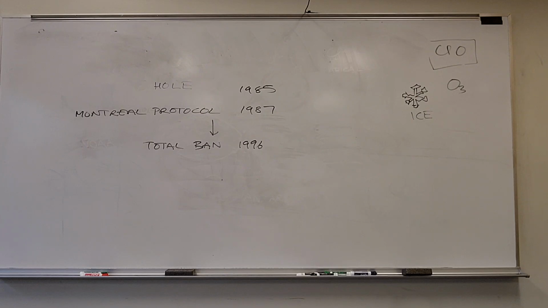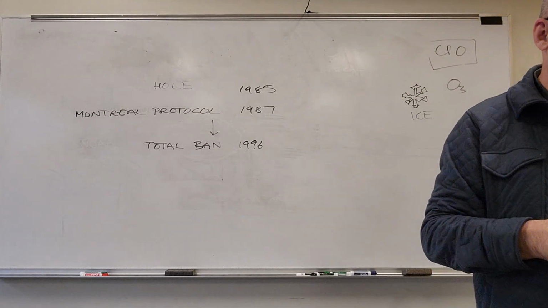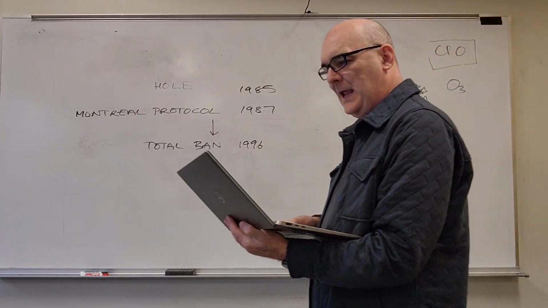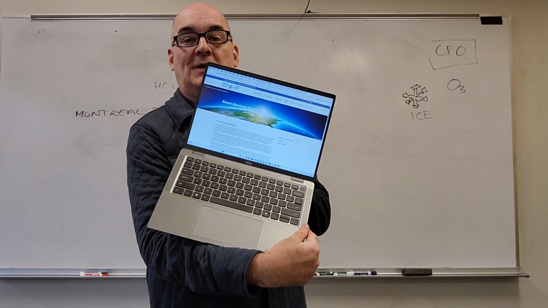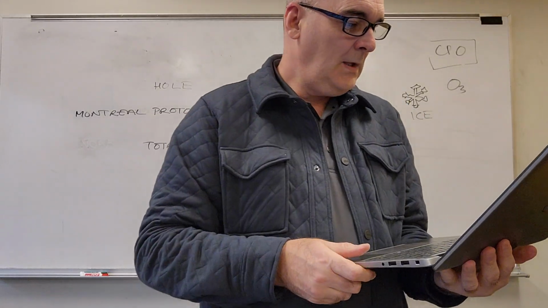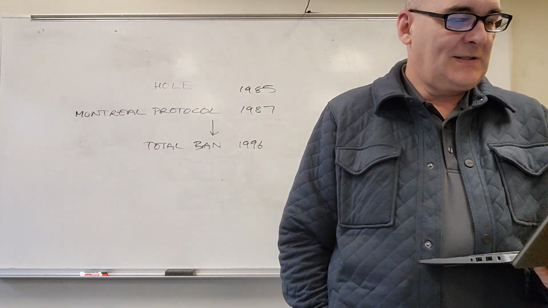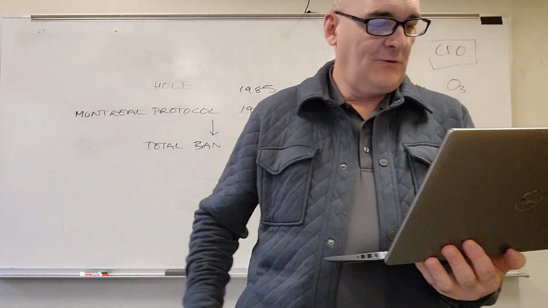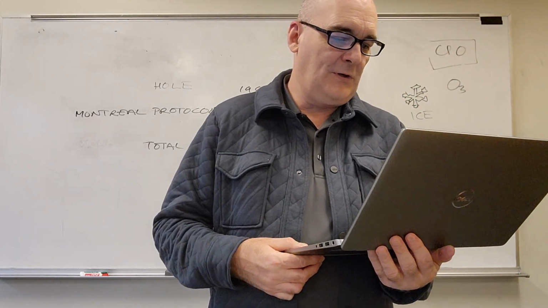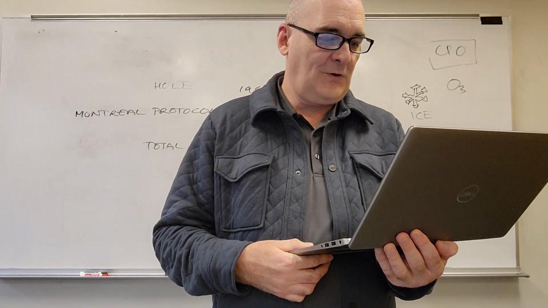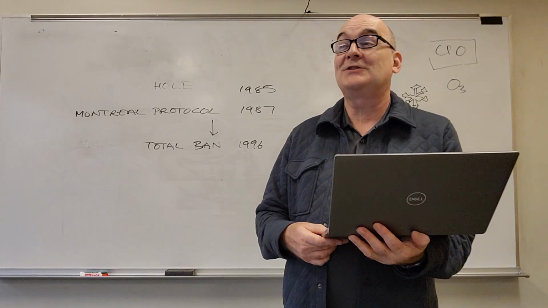All right, Montreal Protocol, let's have a look. This is from the United Nations website. The Montreal Protocol on substances that deplete the ozone layer is a landmark multilateral environmental agreement that regulates the production and consumption of 100 man-made chemicals referred to as ozone-depleting substances, ODS.